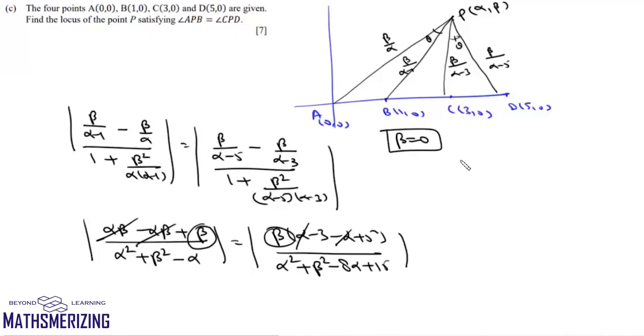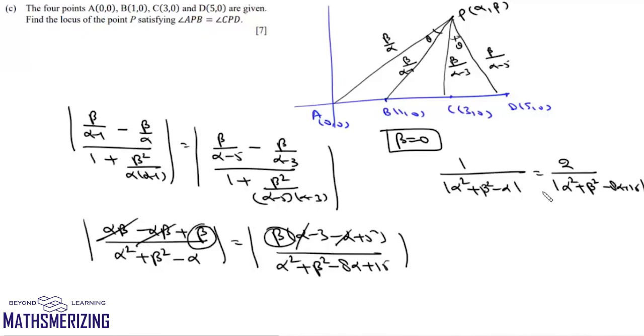when 1 upon mod alpha square plus beta square minus alpha is equal to 2 upon mod alpha square plus beta square minus 8 alpha plus 15.